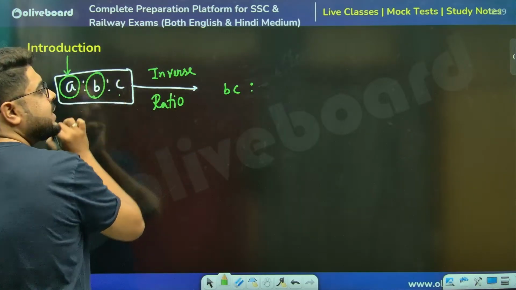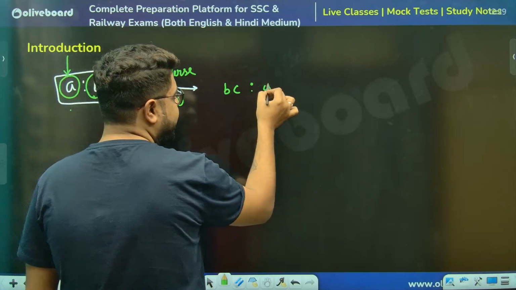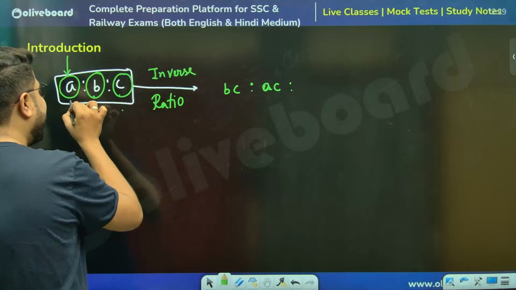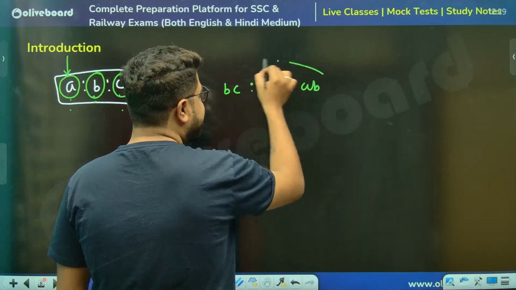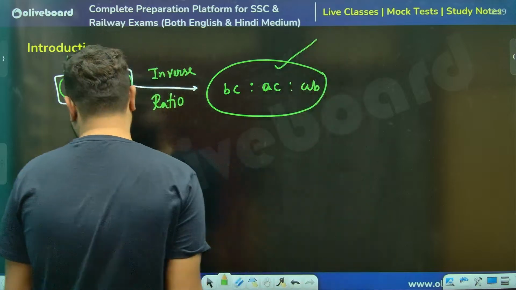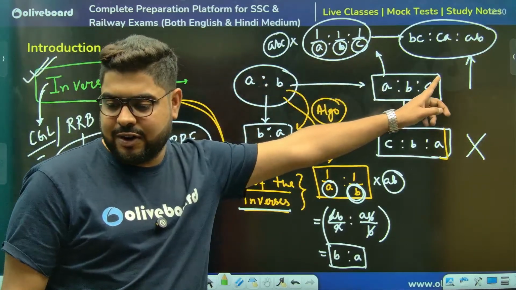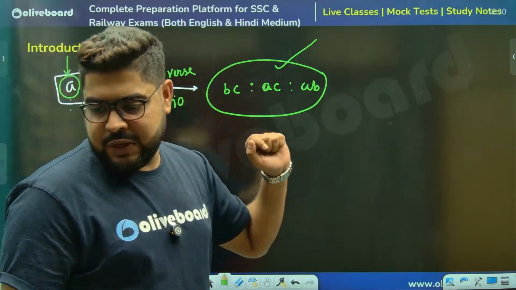Instead of B, you write the other two multiplied, A into C. Instead of C, you write the other two multiplied, A into B. That is your inverse ratio. You don't need to do anything else. That is exactly what we have got.